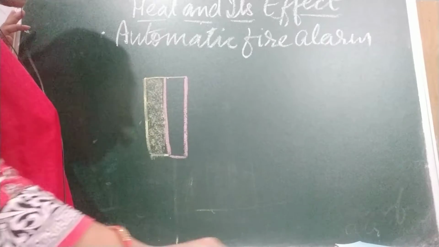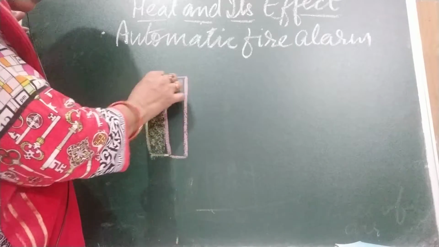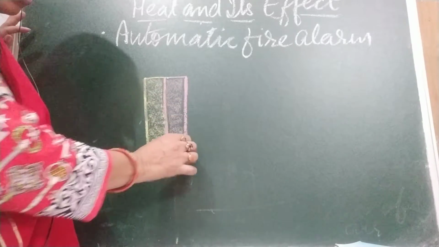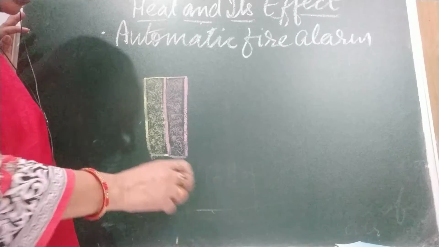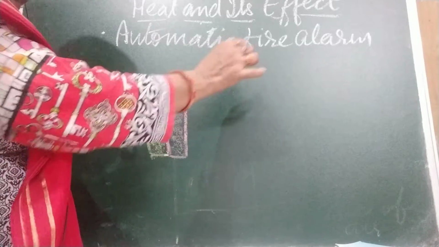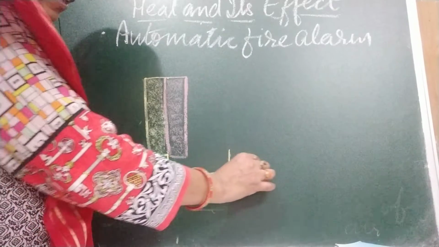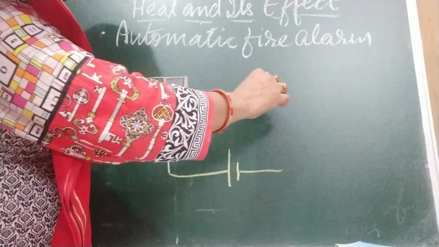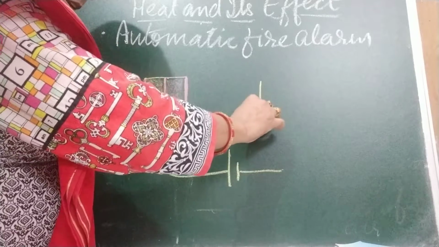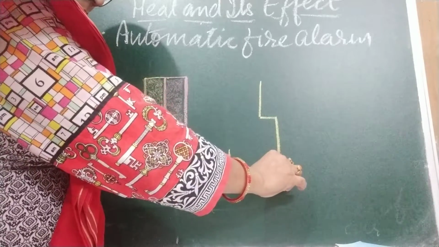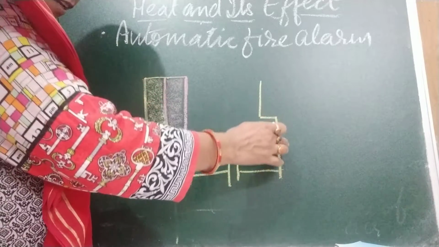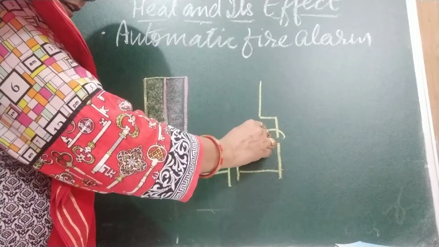Expansion of brass is more than the iron. Now what are we going to do? This is the alarm. We are going to attach it with a cell, and there is an electric bell here.